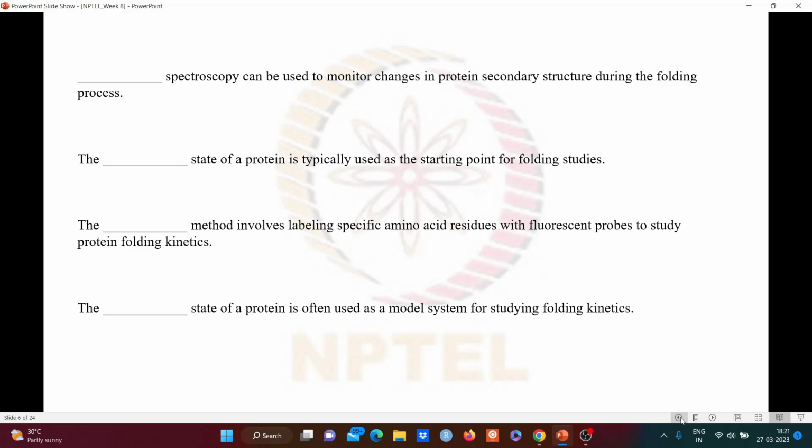Yes, it's circular dichroism spectroscopy. Okay, moving on to the second question. Dash, or what state of a protein is typically used as a starting point for folding studies? I repeat, what state of a protein is typically used as the starting point for folding studies?